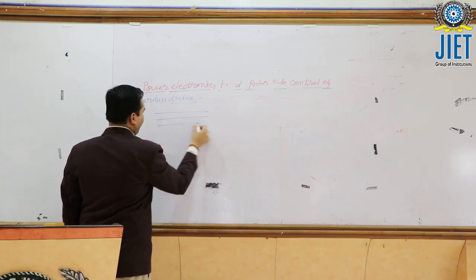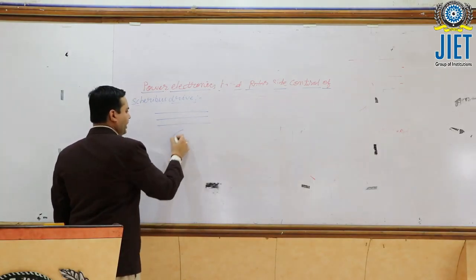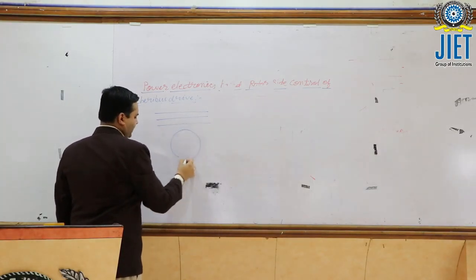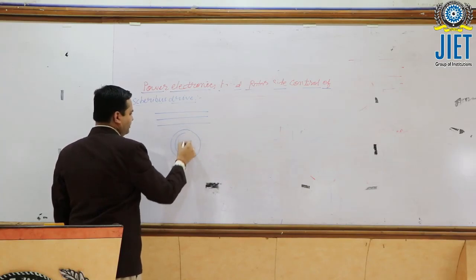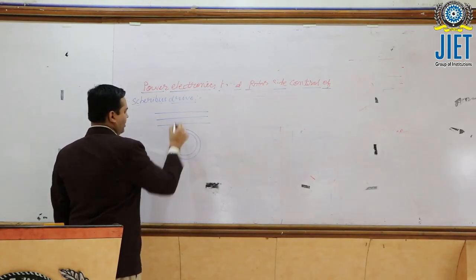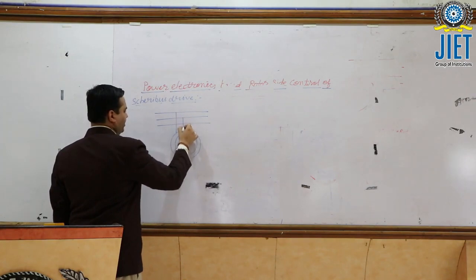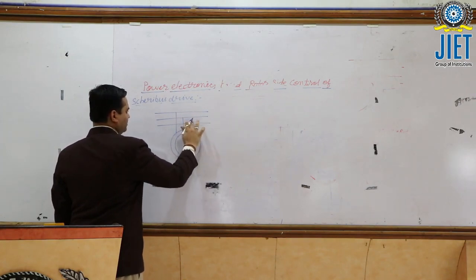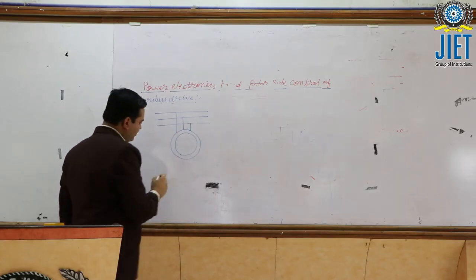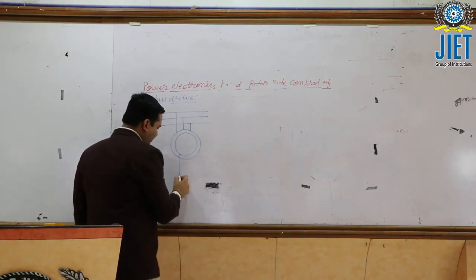Again, the three-phase supply is given to an induction motor. This is the stator side, similar to the previous one. Three-phase supply is given to the stator of the induction motor. This rotor side is connected with the resistor.